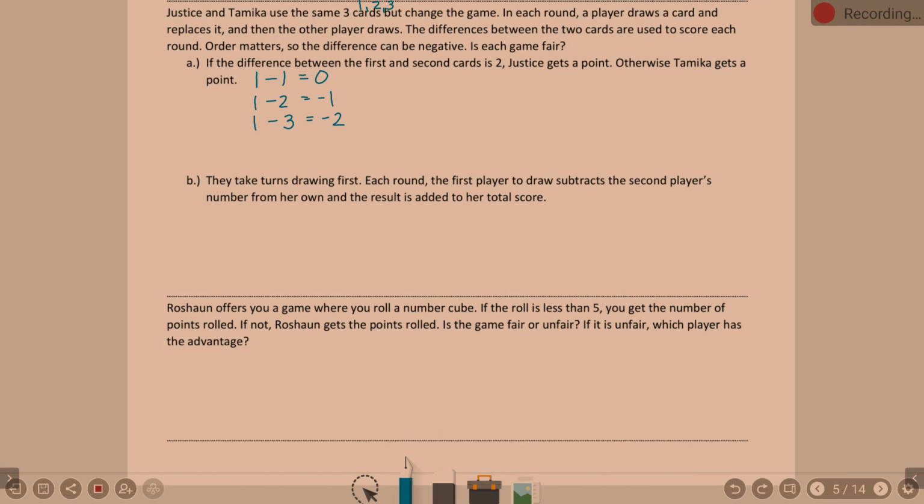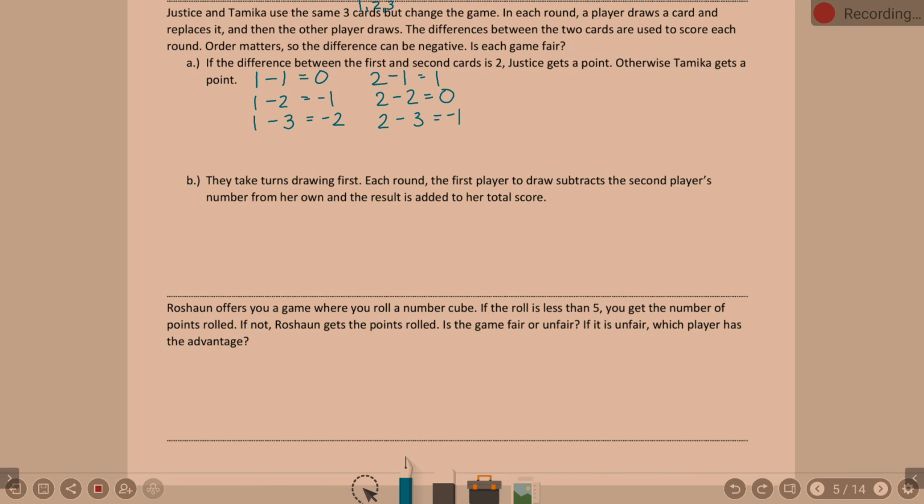So, what else could I draw first? 2. What if I draw 2 first? I could draw 1. 2 minus 1 is 1. If I draw 2 first, I could also draw a 2. 2 minus 2 is 0. Or I could draw 2 first and a 3. 2 minus 3 is negative 1.